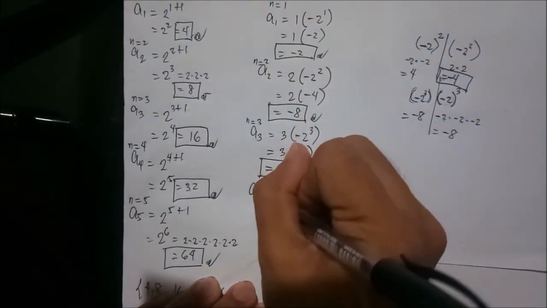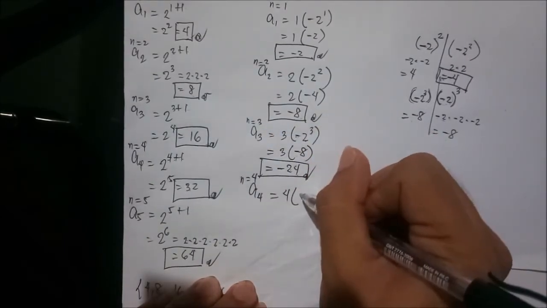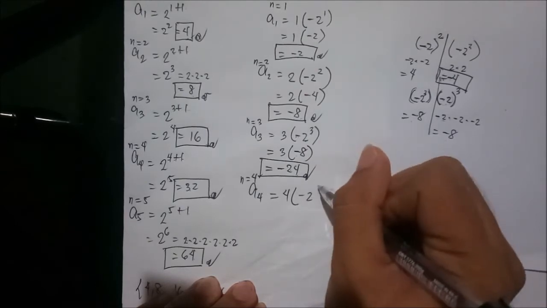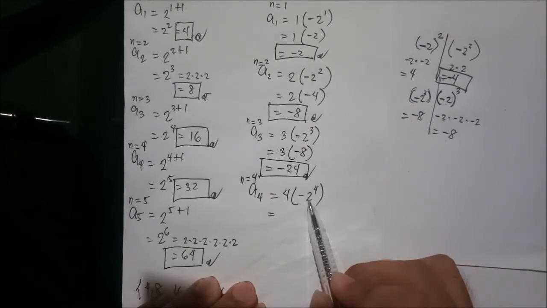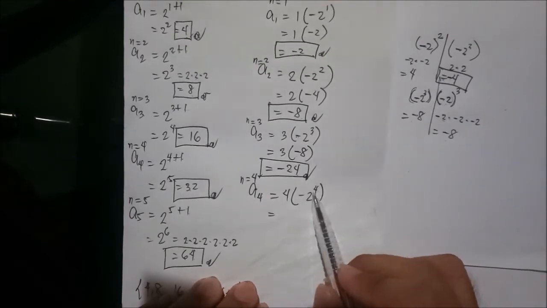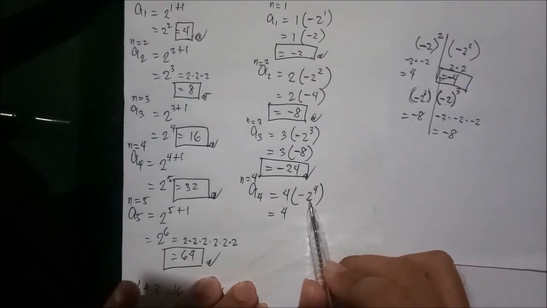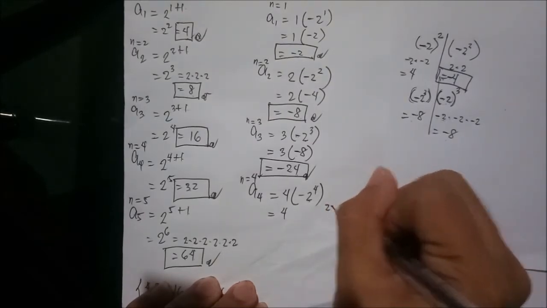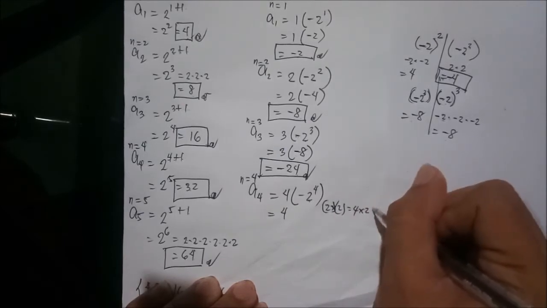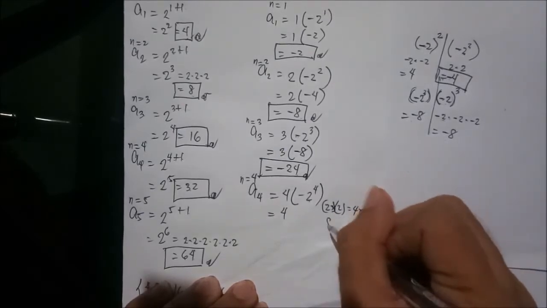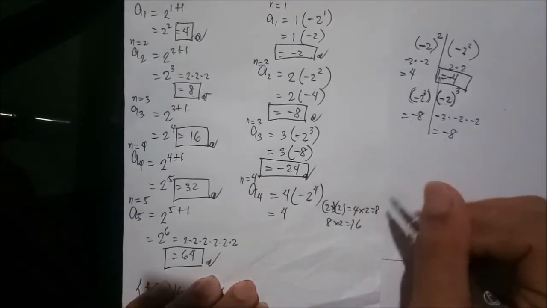How about a sub 4? Or the value of n equals 4. 4 times (negative 2) to the power of 4. So as I said, only 2 has the power of 4. 2 times 2 is 4, times 2 equals 8, 8 times 2 equals 16.